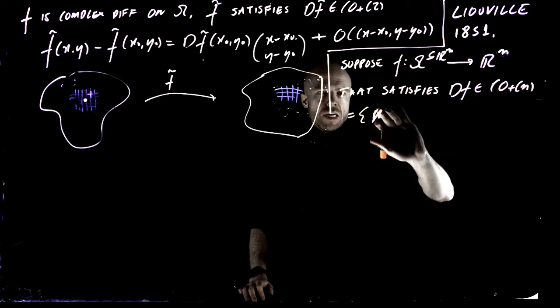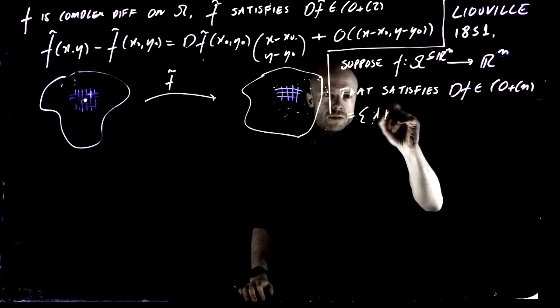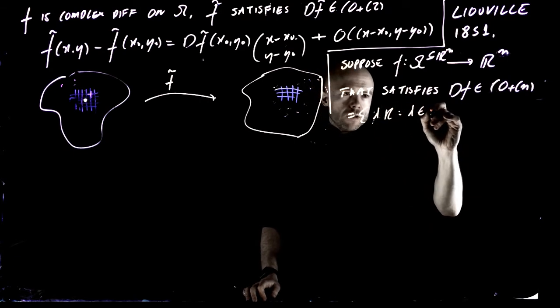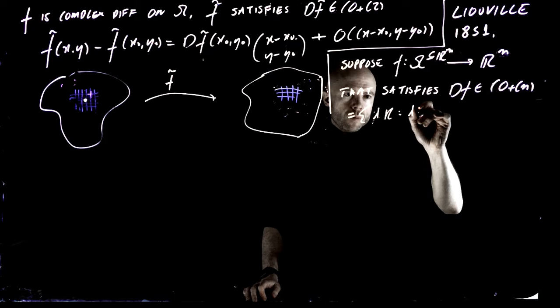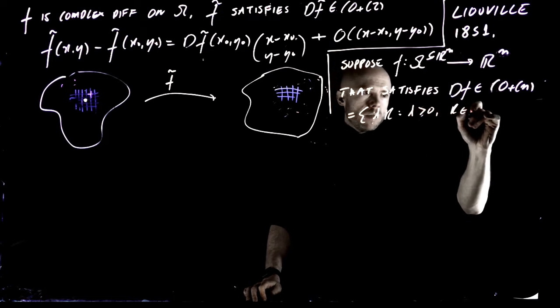So that's just lambda times rotations. And lambda is some positive real number, and R is some rotation.